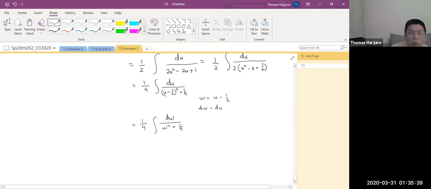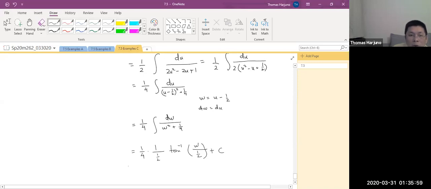Yeah, that's what I have in mind. So this is 1/4 times 1/(1/2) tangent inverse of w over 1/2 plus constant.